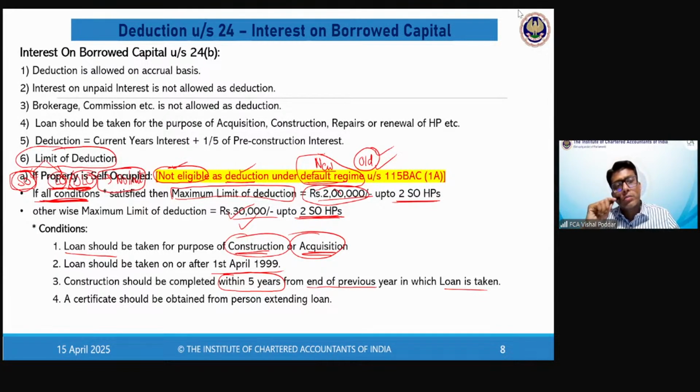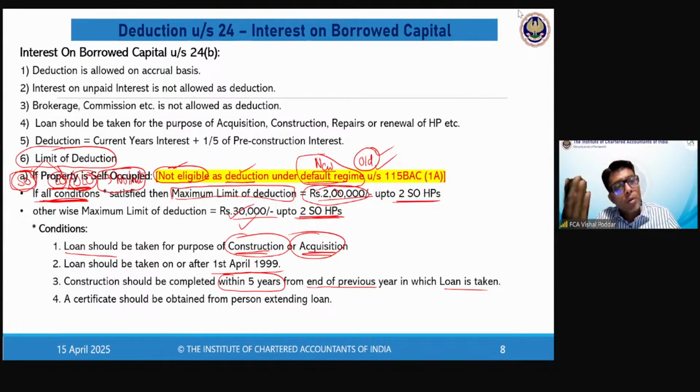Tanu beta, you are saying if my HP is let out, we don't need to calculate pre-construction. Why beta? If you are not calculating pre-construction, how will you know how much interest is eligible every year? Because every year the interest eligible would be the current year plus 1/5 of pre-construction. Without knowing the pre-construction, how can you find out the amount of deduction every year?